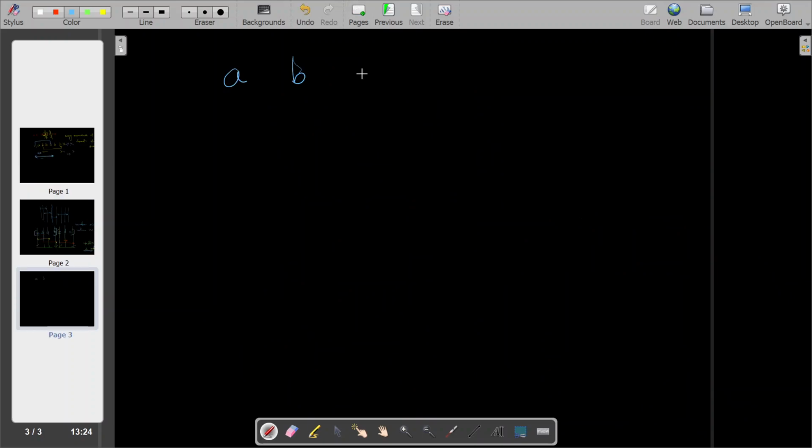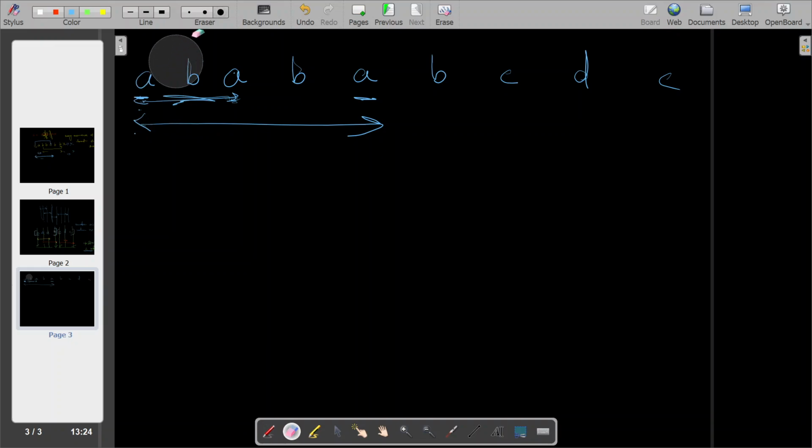A, B, A, B, C, D, C. The important thing is the first and last occurrence of each character. We don't bother about the middle ones, because they don't matter. We have to keep them together, so the line will look like this, and it doesn't matter what is in the middle. So we are worrying only about the first and last occurrence of each character.